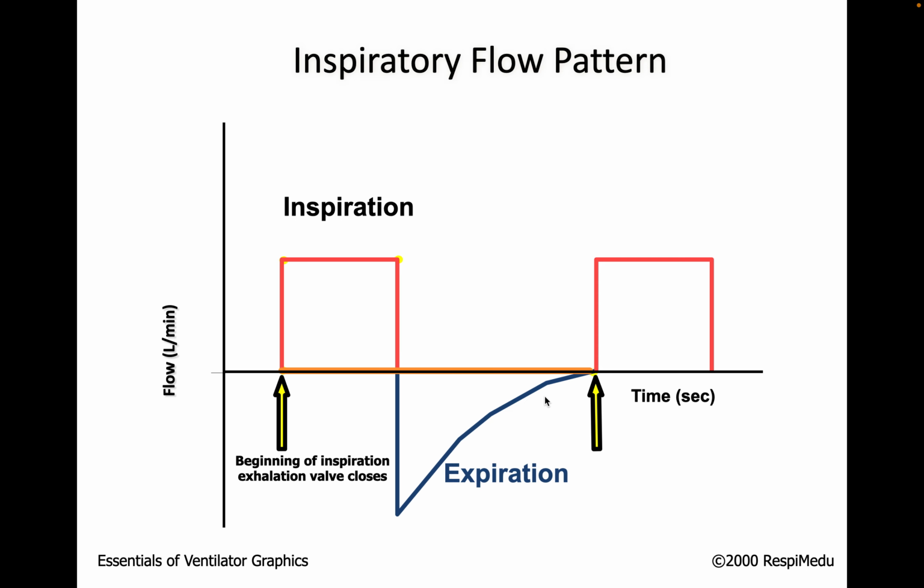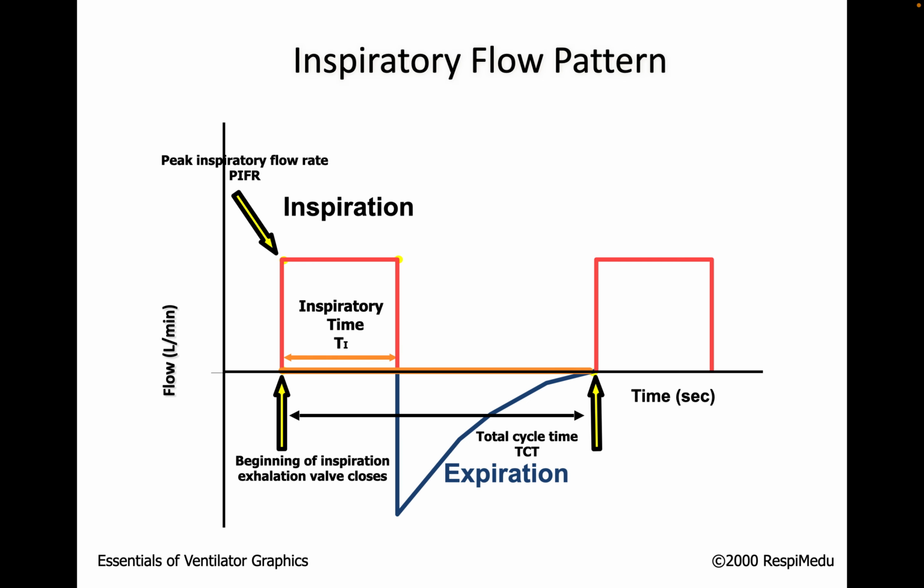The expiration looks something like this. This is the total cycle time between the two onsets of inspiration. This is the peak inspiratory flow rate which we were talking about. This is the total inspiratory time during which the entire inspiration occurs.